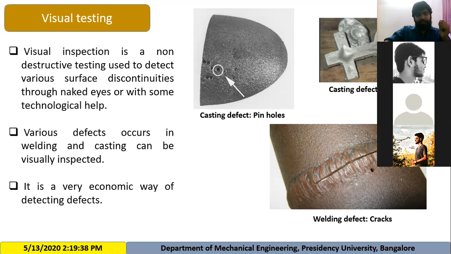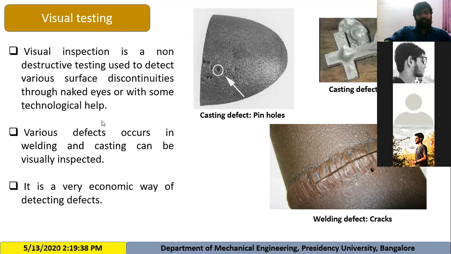So the first type of testing is visual testing, which we can perform by our naked eyes. Simply by seeing through our naked eyes, we can say whether the defect is there or not. For these types of defects, we can say that this has a defect, and that's why these products are not going to qualify for the next stage. Various defects occurring in welding and casting can be visually inspected.